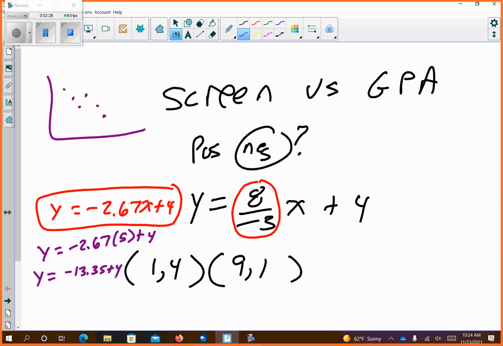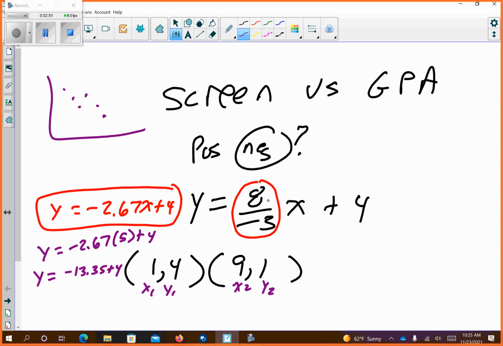Okay, something's off here. All right, let's double check this linear equation. So 1, 4, 9, 1, x1, y1, x2, y2. Because that's going to give us a weird GPA. Y equals negative 3/8 x plus 3. Negative 3/8?